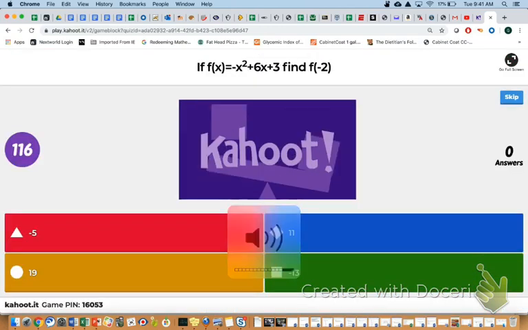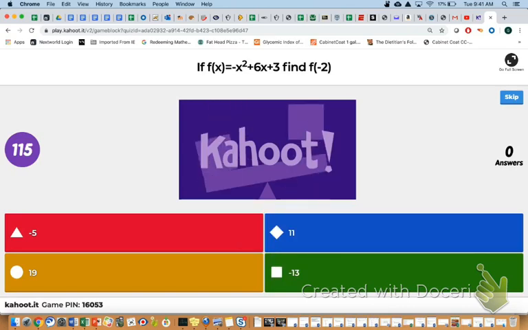You've got 2 minutes. f of x equals negative x squared plus 6x plus 3. Find f of negative 2.